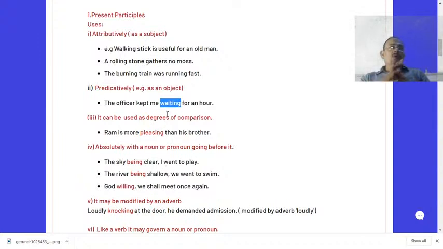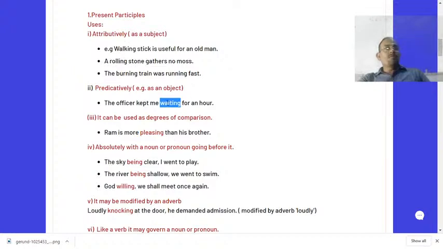Whenever a participle is used predicatively as an object, always remember that the present participle will be used after the object. Only after the object can we call it predicative use. And whenever the present participle is used before the subject, it is used attributively. Here, before the subject stone, it is attributive.